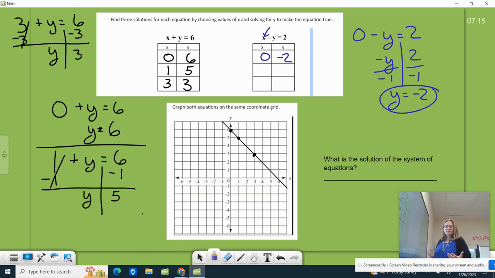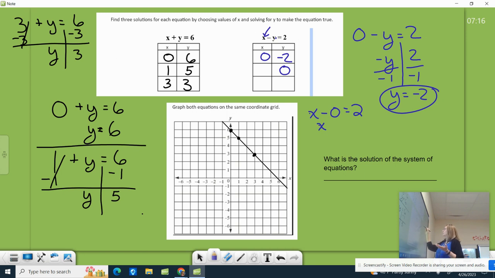Let's try another option here. Let's try when y equals 0. So now instead of putting 0 in for x, I'm going to put it in for y. So I'm going to have x minus 0 equals 2. Something minus 0 equals 2.